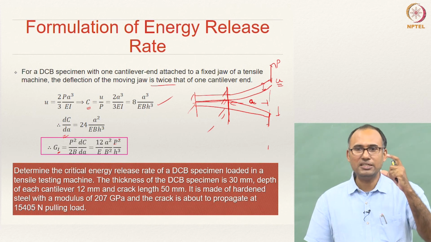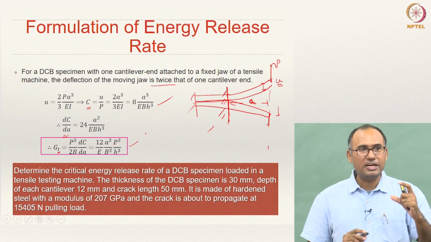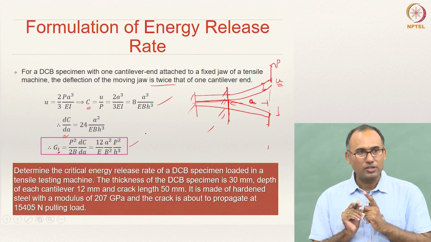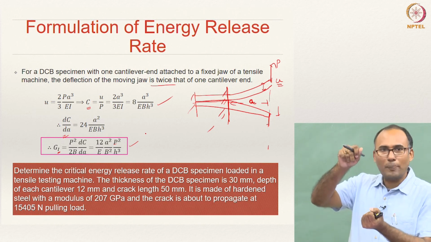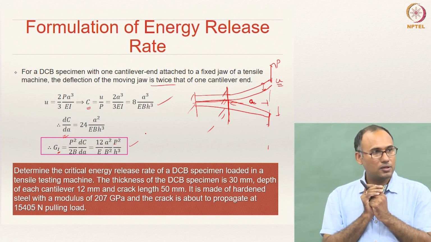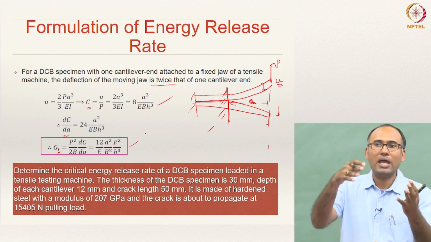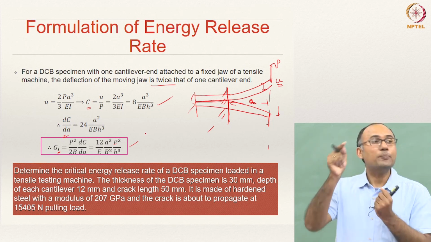Please pay attention here. G1, whatever you have calculated here, is energy release rate. And this is dependent on the load that you apply, geometry of the body and the crack length. For any given load, you have some energy release rate. But when does the crack propagate?